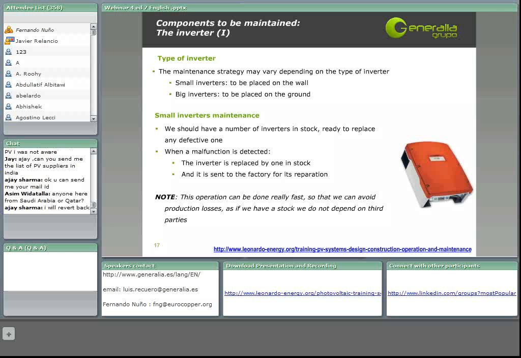Then the inverter which is failing must be sent to the factory for its repair. With this kind of policy, we can avoid production losses, as with a stock we do not depend on third parties, and we can replace the defective element really fast on our own.